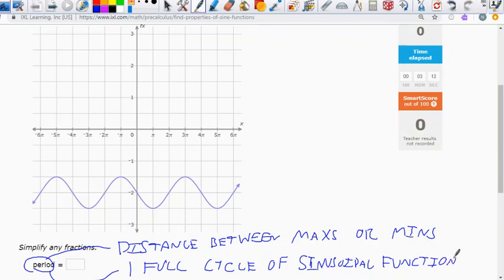So now I just need to find the distance between maximums. And you can do that by looking at maximums and seeing what their values are, okay? So I have a maximum at negative pi, and I also have a maximum at 3 pi, and the distance between them I can find by starting with my rightmost point, 3 pi minus negative pi is equal to 3 pi plus pi, which is equal to 4 pi.